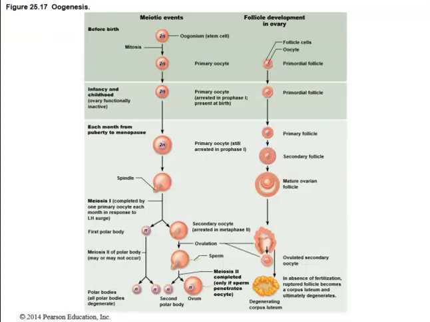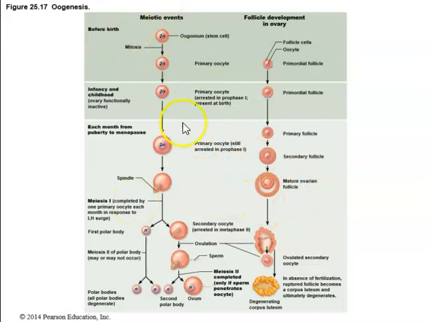So here is just a schematic of the meiotic events that occur before birth. We know that once with the development of the oocyte, it is stalled in meiosis 1 and usually is arrested in meiosis 1 until puberty.